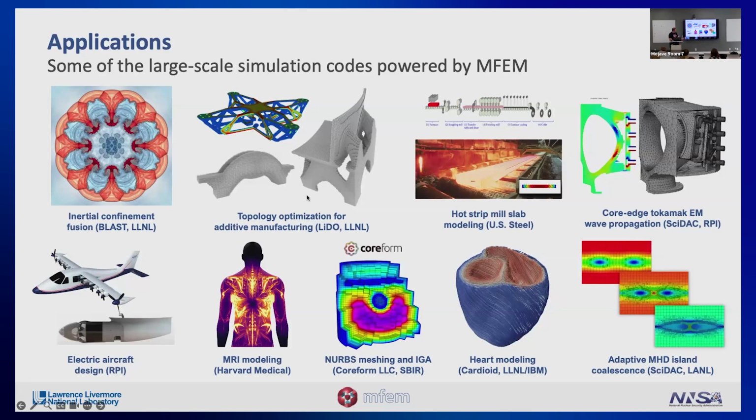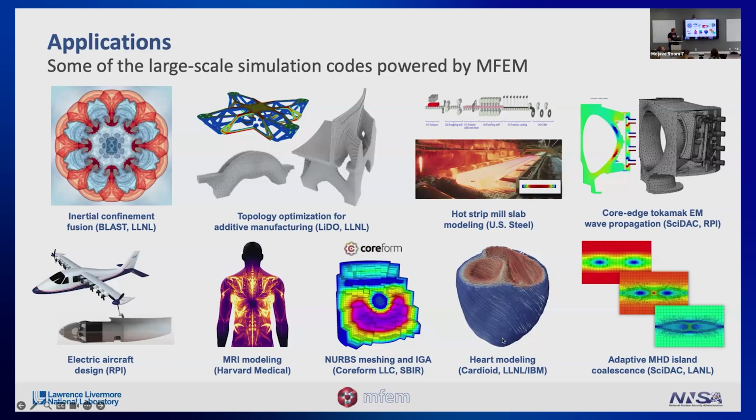Topology optimization, this is the little code here. Additive manufacturing and shape optimization also. We work with industry, both big industry as well as small companies. Tokamak fusion, we're very interested in fusion, both ICF and magnetic fusion. So this is a tokamak simulation. This is another tokamak simulation, actually Chi did that, we see in the audience.